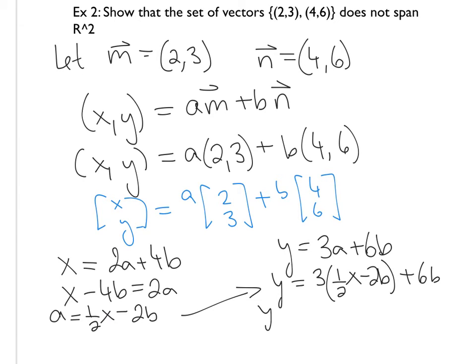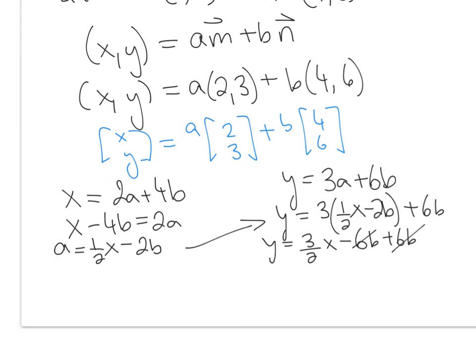And so that gives us 3 over 2x minus 6b plus 6b. These are going to cancel out, so you get 0. And so we get y is equal to 3 over 2x.